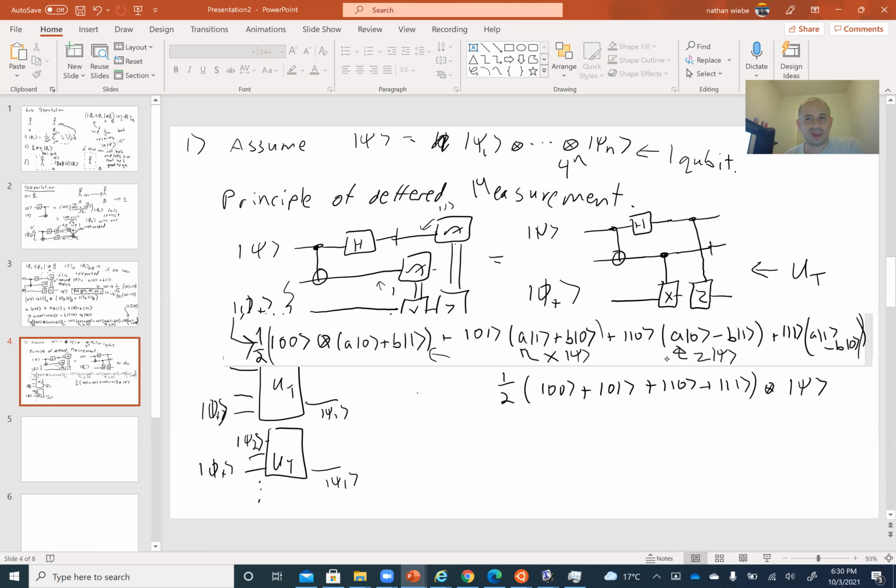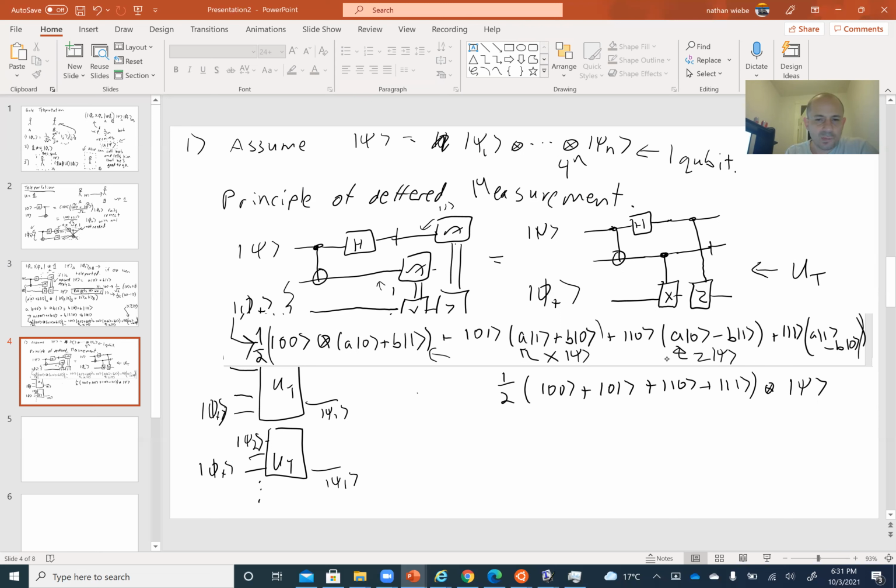Which is equivalent to saying that if we could quantumly do these correction operations between Alice and Bob's lab, of course, we're not doing it, we're just using this as an argument technique, then Bob's state would be psi as intended.